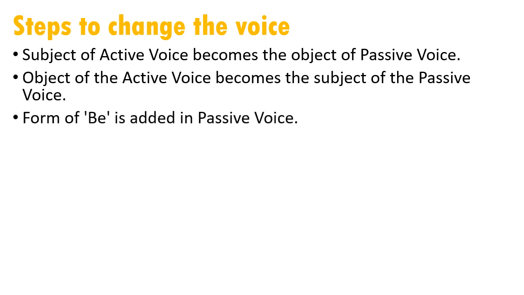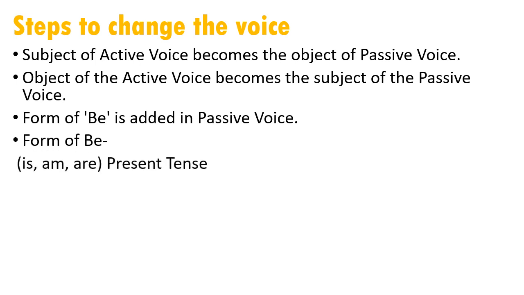Form of be is added in passive voice. Now I'll tell you the forms of be. Is, am, are in present tense. If the active voice is in present tense, we use is, am or are, especially in indefinite and continuous tense. We use is, am, are in passive voice to change active voice into passive voice.